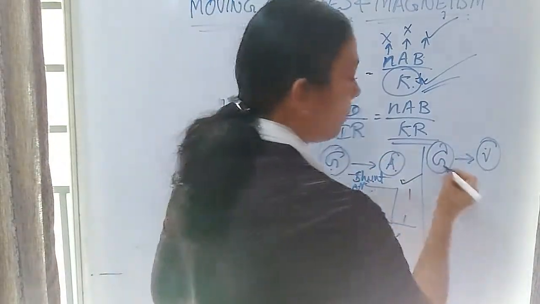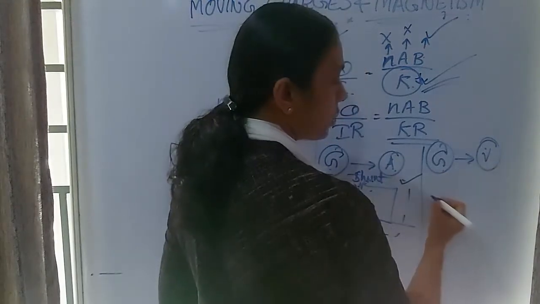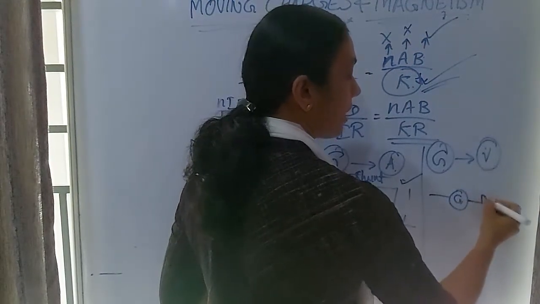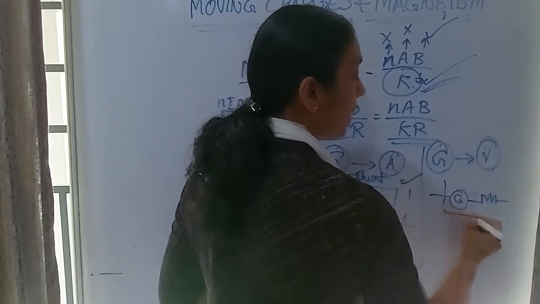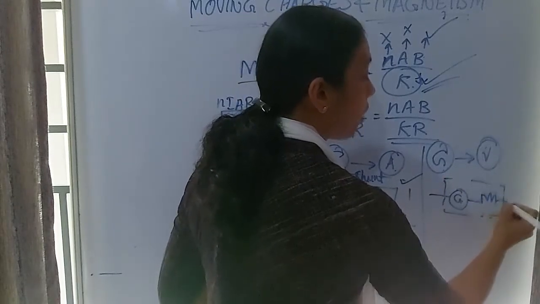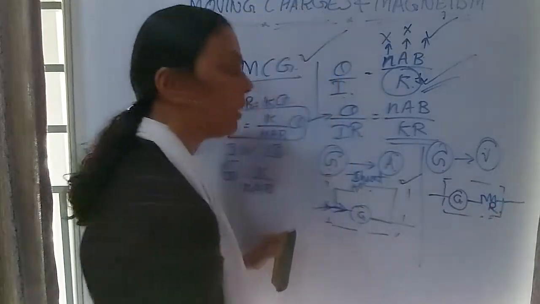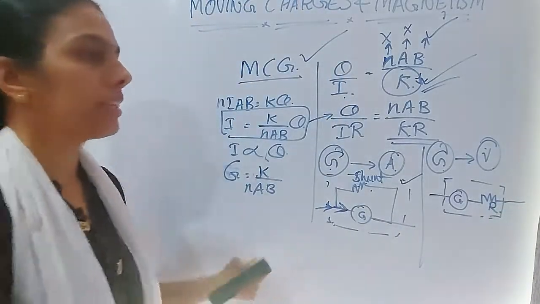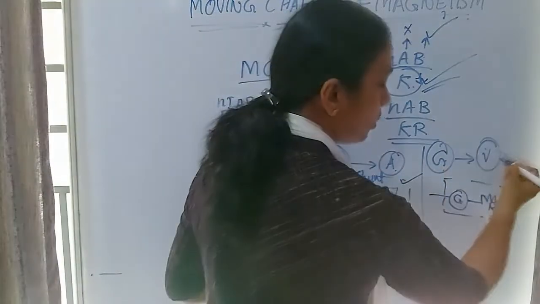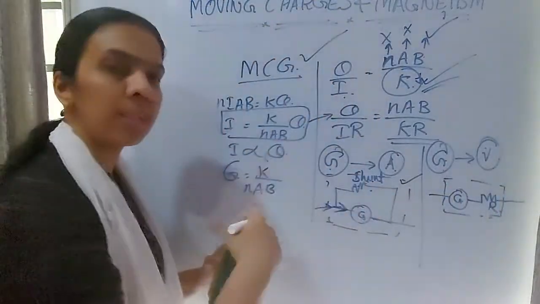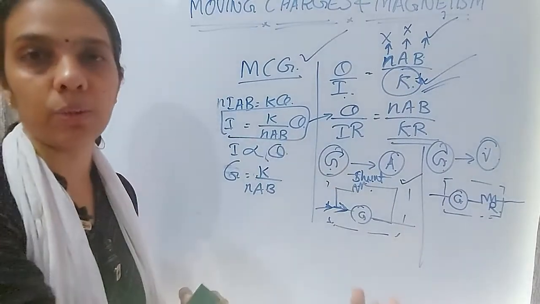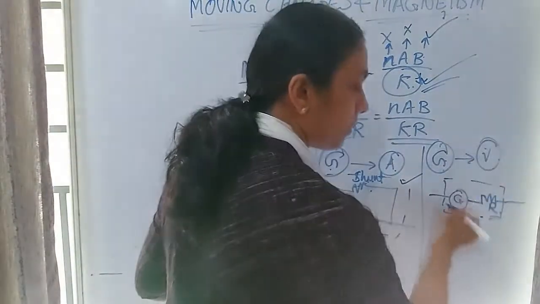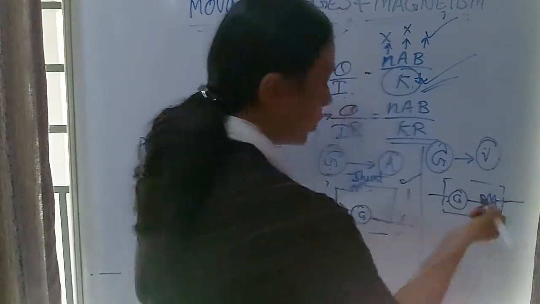And now, how can we convert a galvanometer to a voltmeter? If we apply a galvanometer and, along with that, a very large, high value of resistance in series with the circuit, then we can convert the galvanometer to a voltmeter.